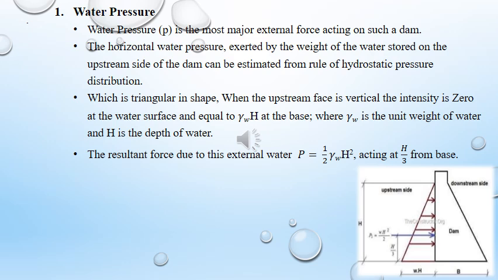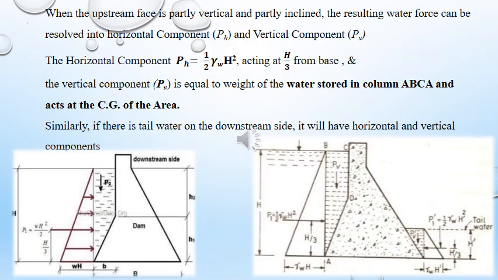When the upstream face is partly vertical and partly inclined, the resultant water force can be resolved into a horizontal component, that is capital P, and a vertical component, that is PB.